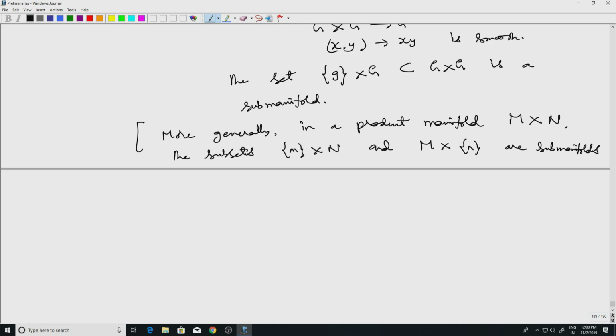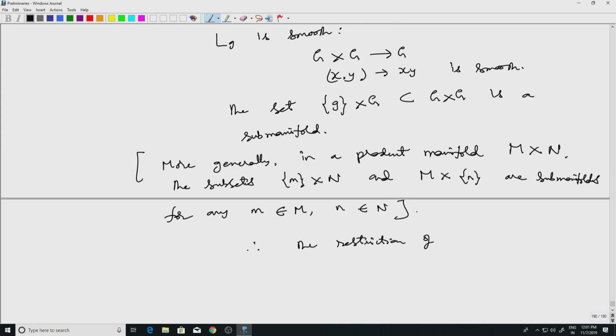These are what we call slices, for any m in M, little n in N, capital N. The point is that it's quite straightforward to write a slice chart for these two sets inside M cross N. Now with this in hand, since this is a submanifold, the restriction of this map, let's call it phi, the multiplication map, to {g} cross G is smooth.